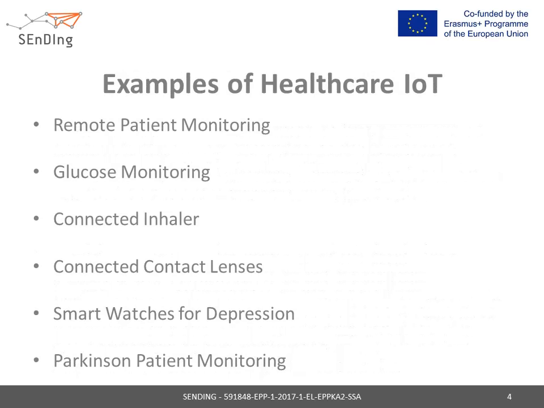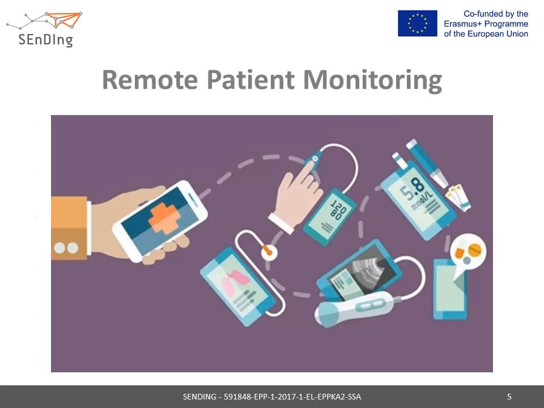Here we will discuss different examples of smart devices used in healthcare IoT. The examples mentioned are remote patient monitoring, glucose monitoring, connected inhaler, connected contact lenses, and smart watches for depression and Parkinson's patient monitoring.